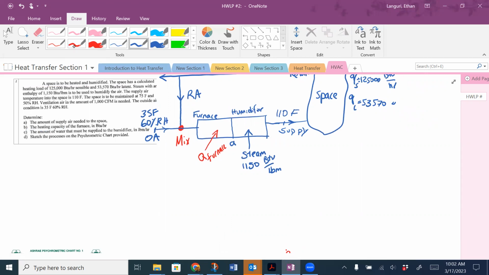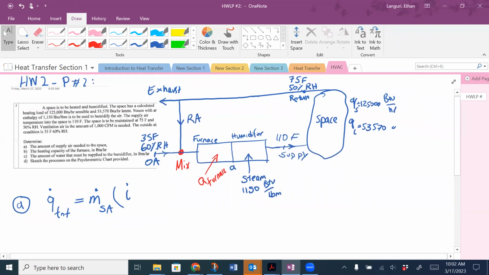To do this, I know that my Q dot total is equal to m dot supply air, SA for supply air, times the enthalpy of the return, so let's call it RA, minus the enthalpy of supply, right?